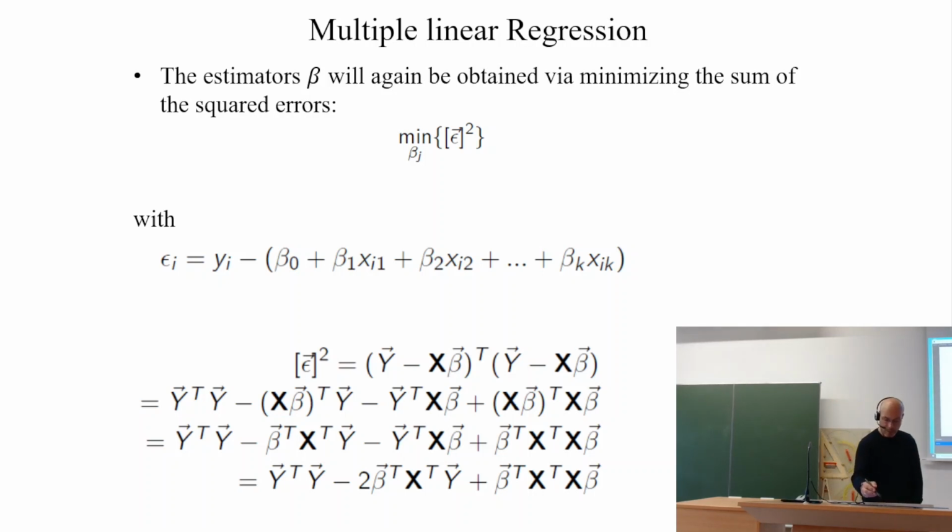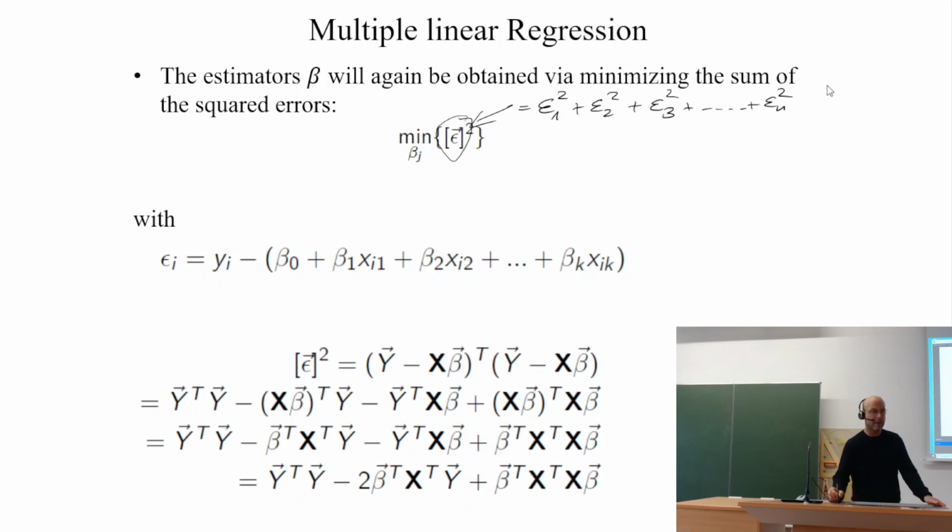Because again, we just want to minimize the square of our errors, but now it is not just epsilon squared, but epsilon vector squared, and this is then nothing else than epsilon 1 squared plus epsilon 2 squared plus epsilon 3 squared, and so on.